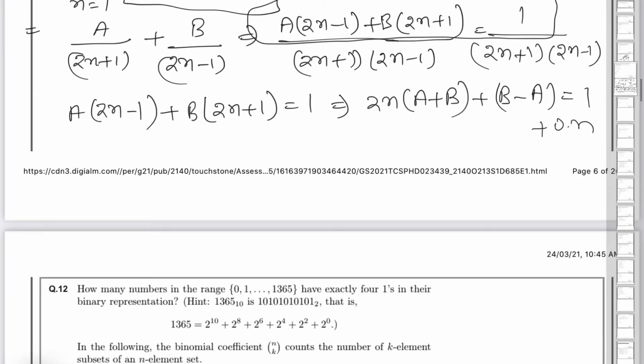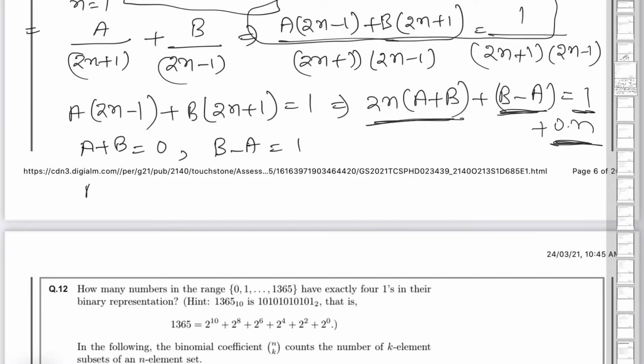So if you compare this constant term with this one and this variable term with this one, you can write a plus b is equal to 0 and b minus a is equal to 1.